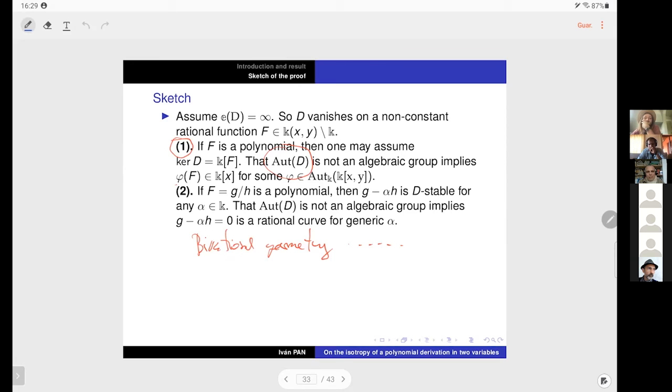Yes. No, excuse me. No, phi is f. No, but phi is a change of variables of the curve f equals 0. Because phi of f is not 0. No, but d of phi f is 0. Yes. D of phi f, yes.